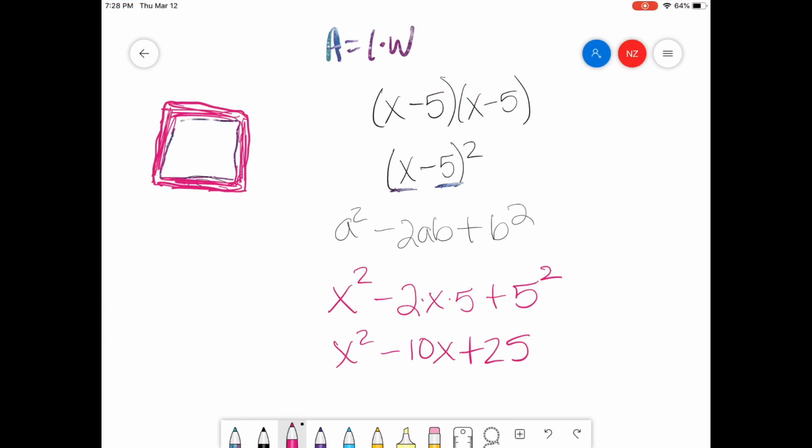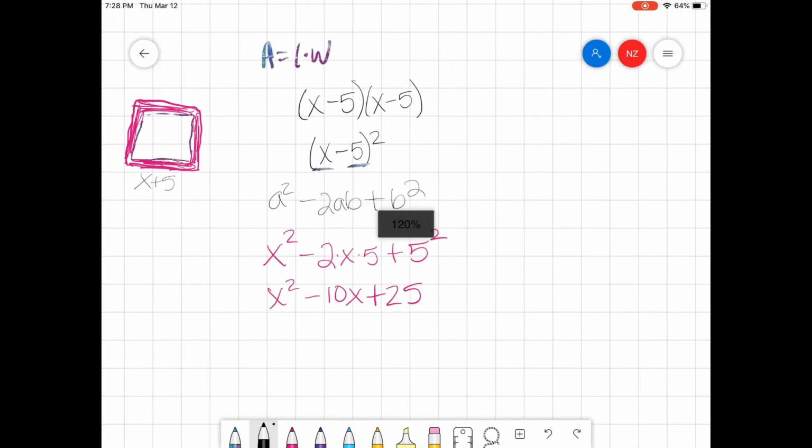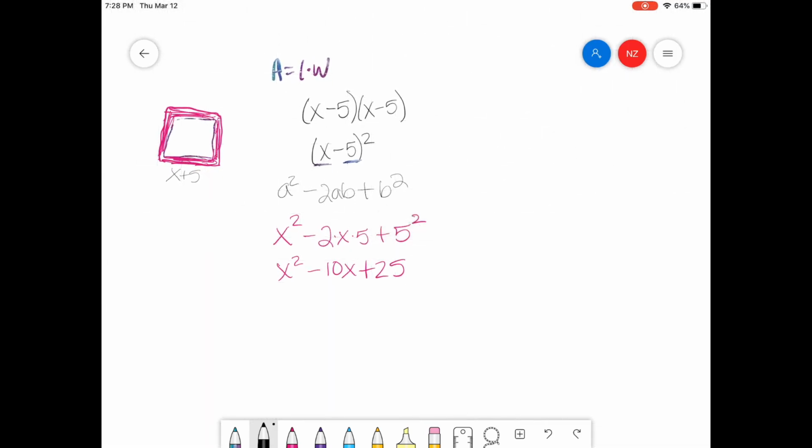So the area of the original rug inside and this pink border around it is now going to be x plus 5, okay? So if I find now the new area with the border around it, I'm going to again multiply it out by finding x plus 5 times x plus 5. If you see, it's the same thing written twice, so that's the same thing as saying x plus 5 squared, okay? And this is going to be my perfect square trinomial rule when I have a plus sign.